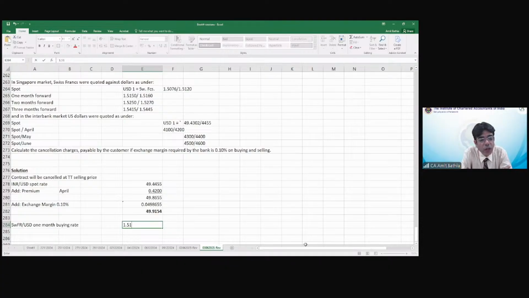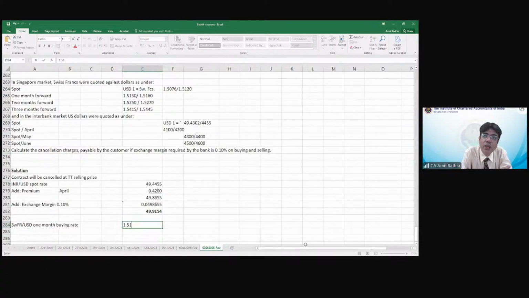But when you want to convert from INR into Swiss francs, right? So we are trying to find, first of all, what is the Swiss franc to USD. So if I want to buy, I will have to buy at what rate? You normally say bid and ask, right? So bid is basically sell. Now remember, your quotation is Swiss franc to USD.